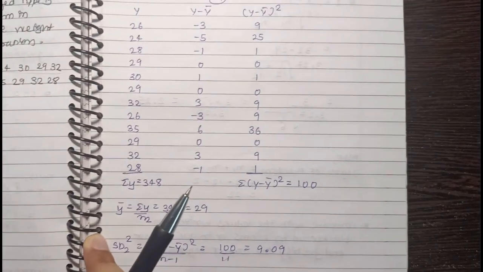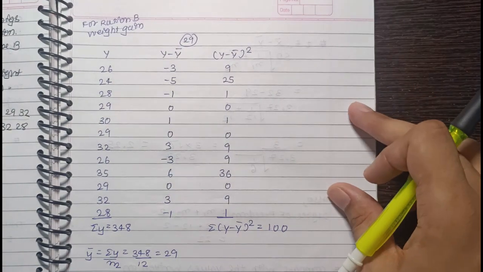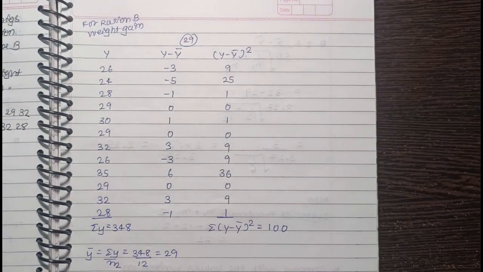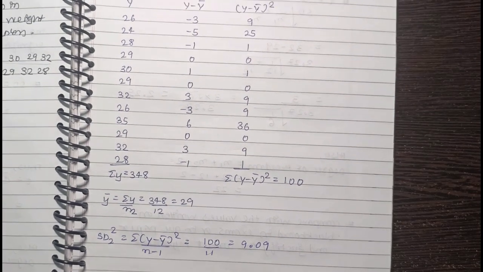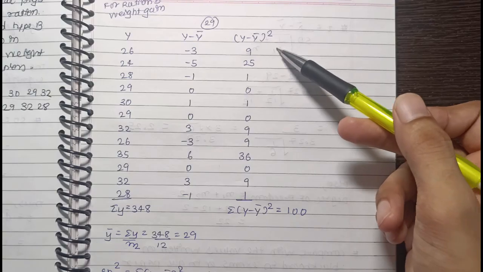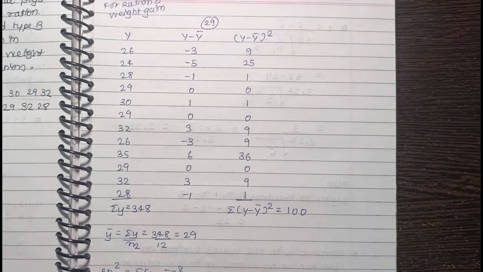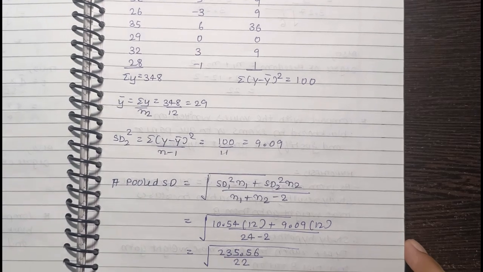Similarly we do the same for group 2 as well, the same thing I have done here. In a similar way I calculated the y bar, then made a column y minus y bar, then y minus y bar whole square, and then calculated the standard deviation square of the type B ration as well.